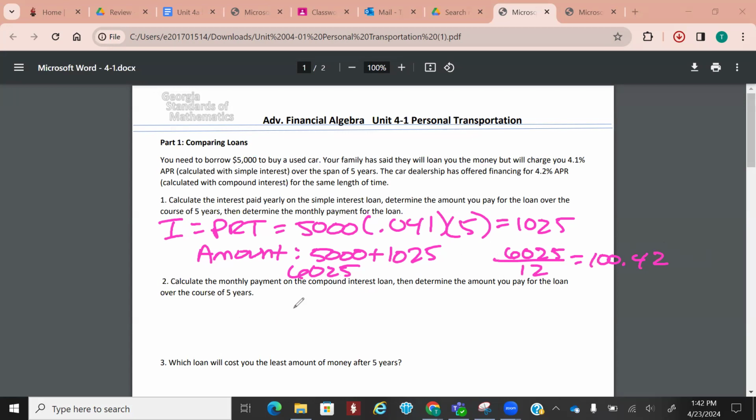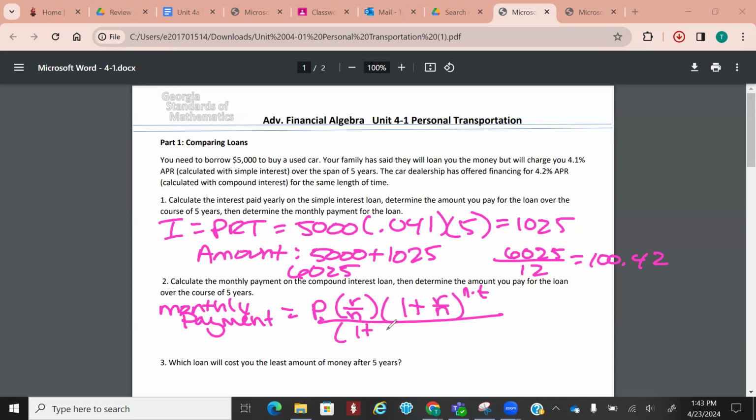So the monthly payment is equal to your initial principal balance, times R divided by N, times 1 plus R divided by N, raised to the N times T. And then we're going to divide that by 1 plus R divided by N raised to the NT, minus 1.